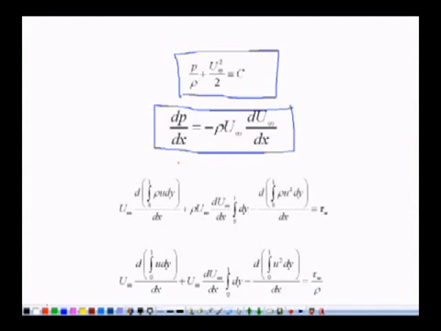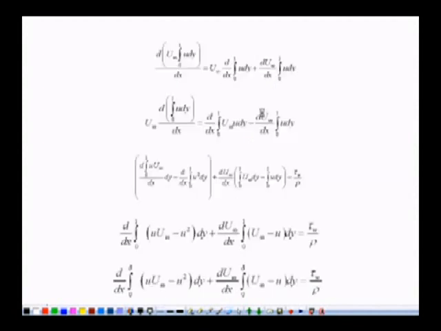So dP over dx in the previous equation is written in terms of u infinity. Then the momentum equation can be realigned in this manner, and finally we get this equation.